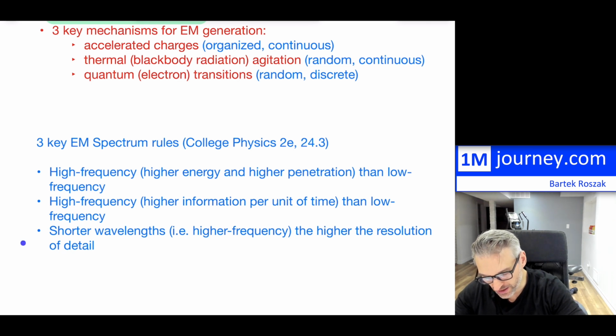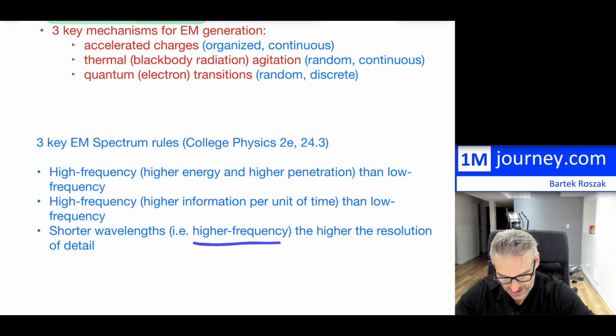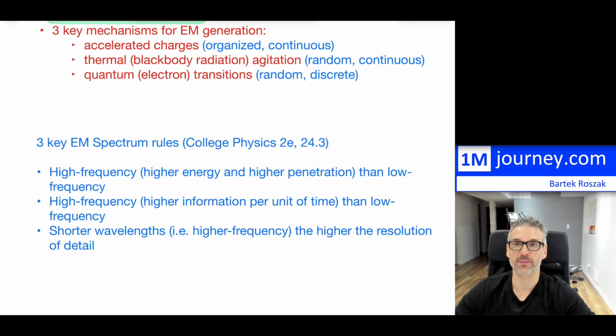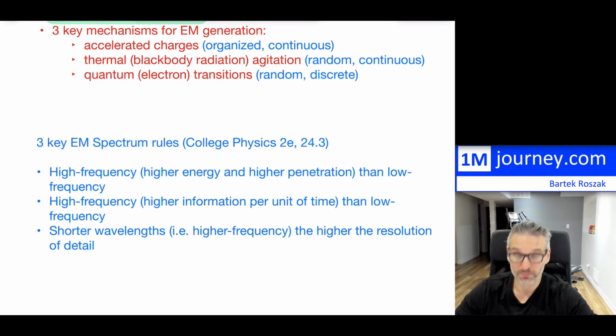And then the last one, shorter wavelengths. This is still on the higher frequency side, because a shorter wavelength means a higher frequency. This is the reason why we use, for example, X-rays. They have a higher resolution ability. They can penetrate, and they can provide you better resolution images because their wavelengths are shorter.